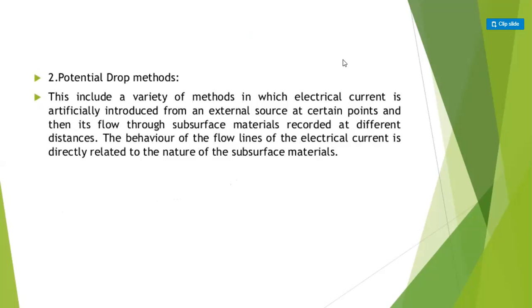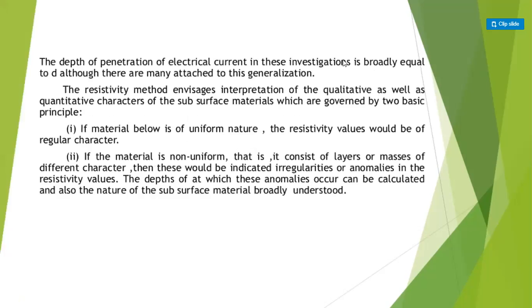Potential drop methods. These include a variety of methods in which electrical current is artificially introduced from an external source at certain points and then its flow through subsurface materials is recorded at different distances. The behavior of the flow lines of the electrical current is directly related to the nature of the subsurface materials.